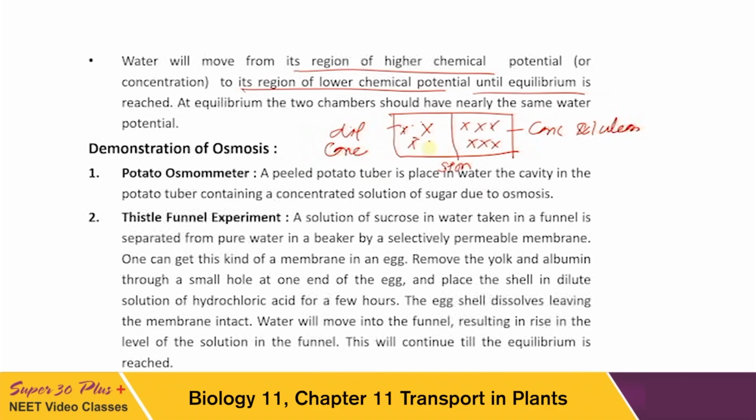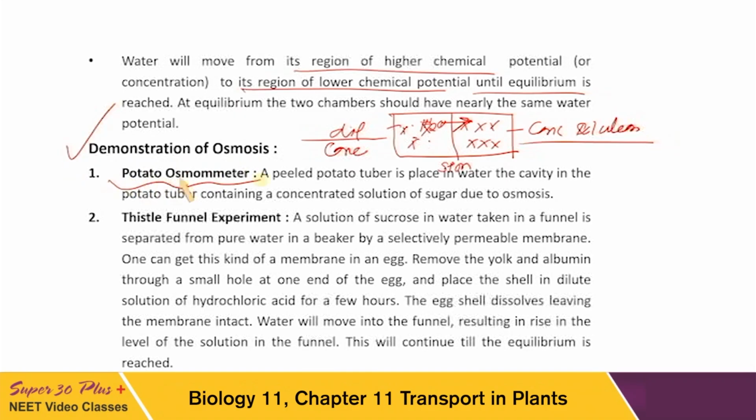So this is a special type of diffusion where only water molecules move from a place of their higher concentration to lower concentration, or we can say they move from the dilute solution to the concentrated solution. How can we demonstrate osmosis?